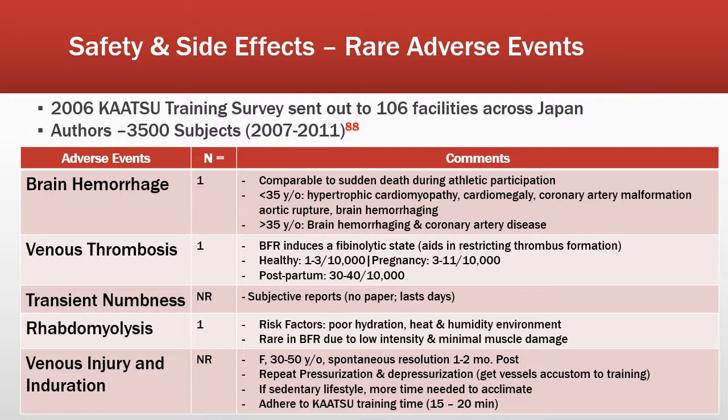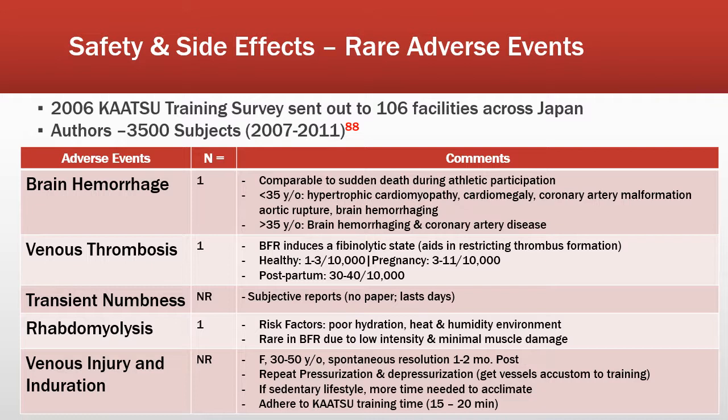However, obviously there is a risk there, and if you take this study as well as the one previously presented on the last slide, you can say that brain hemorrhaging would be like 1 in 20,000 or so. However, we don't have any of the background data as far as whether this person was appropriate for Kaatsu training or blood flow restriction training, nor do we know whether this individual would have had this event in the absence of the BFR.